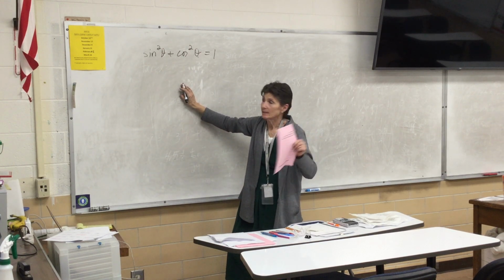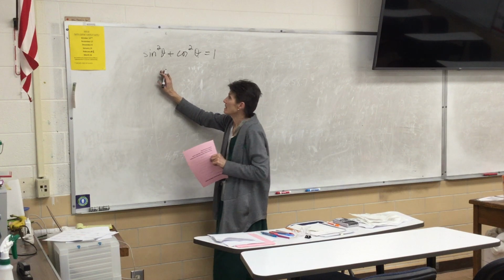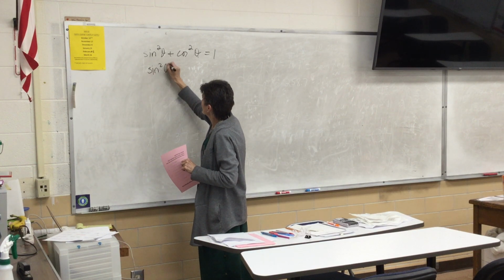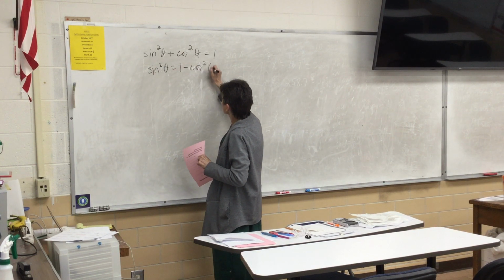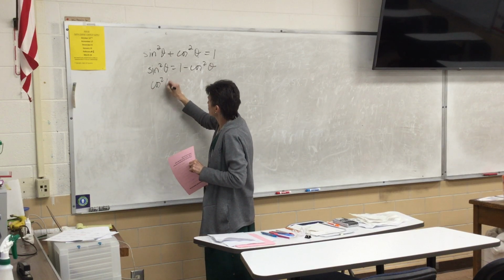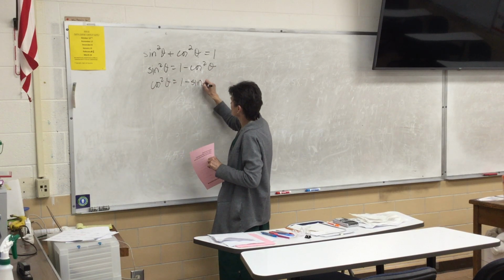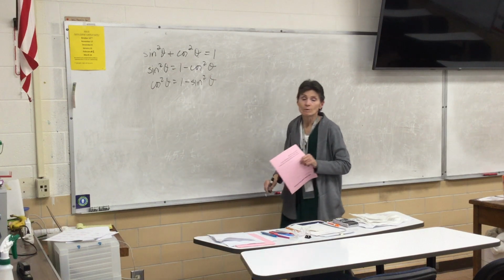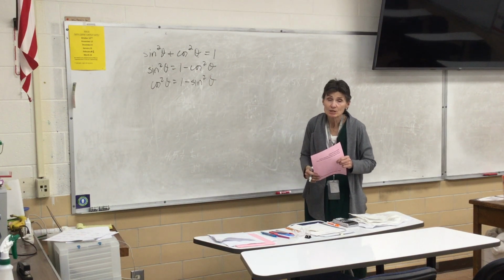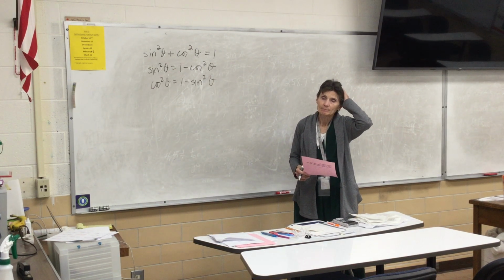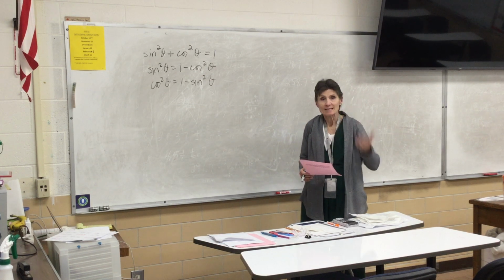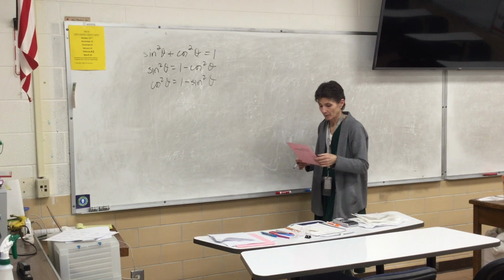Next to that identity, put the other forms. So sine squared equals 1 minus cosine squared. And cosine squared equals 1 minus sine squared. Write those other forms down because you're going to need to know them. You're going to need to recognize them. And if they're written down, it's going to be easier for you to recognize.